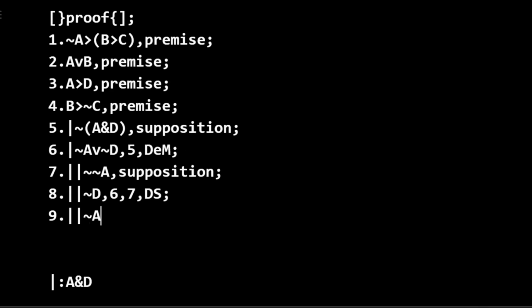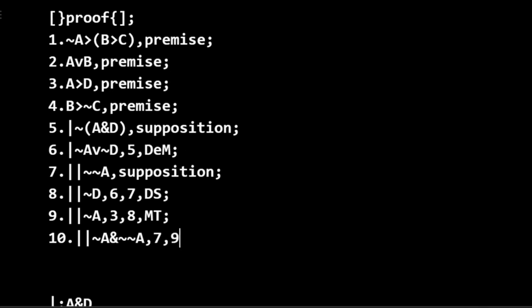We can get not A from lines 3 and 8 by modus tollens. And now we have not A and not A on lines 7 and 9 by conjunction introduction. That's a contradiction, the contradiction of the form P and not P, where the P is not A.